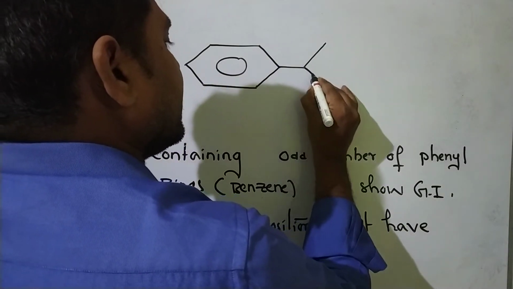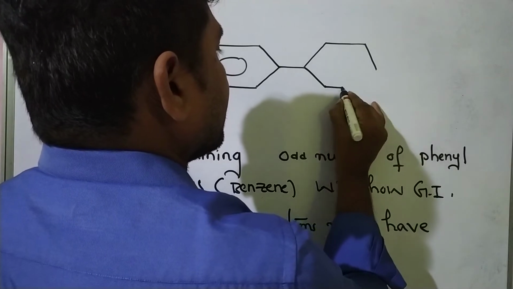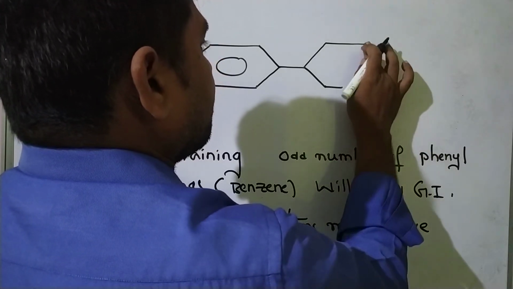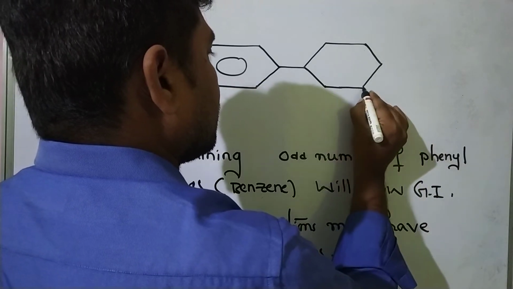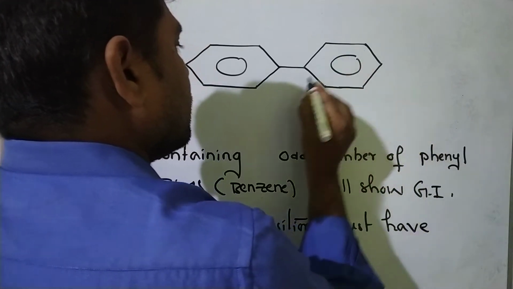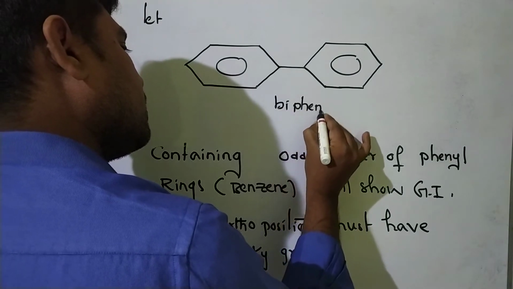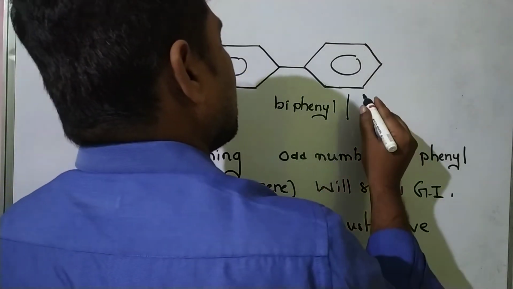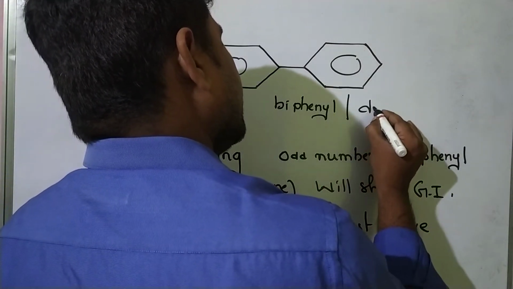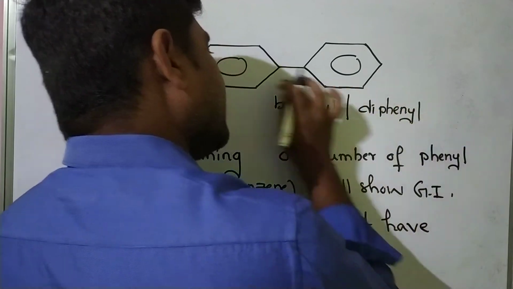This benzene ring is linking with another benzene ring by a sigma bond. So this is called biphenyl, also sometimes called diphenyl, means two benzene rings.